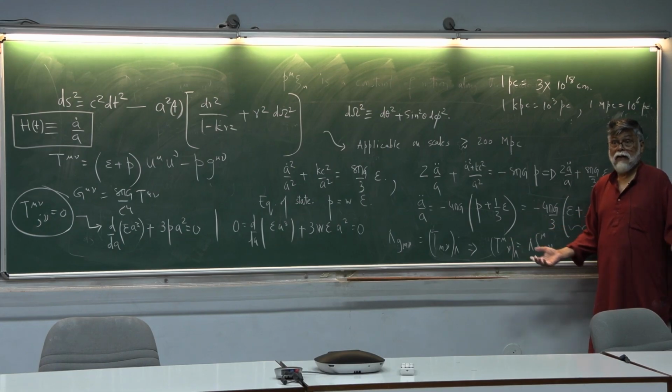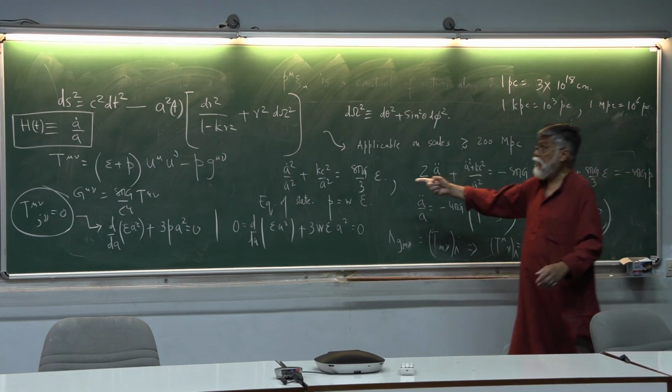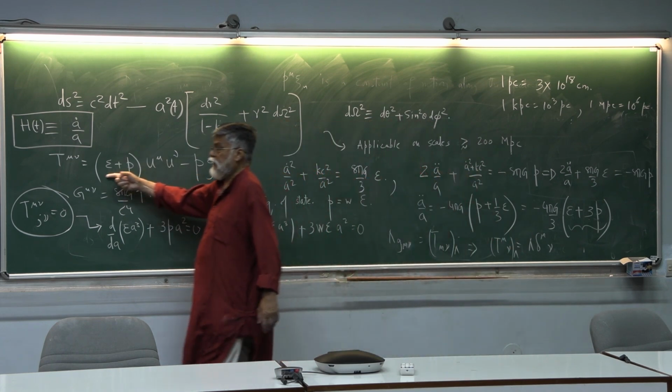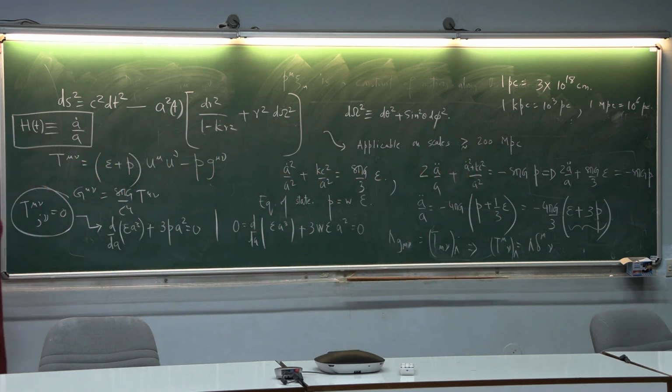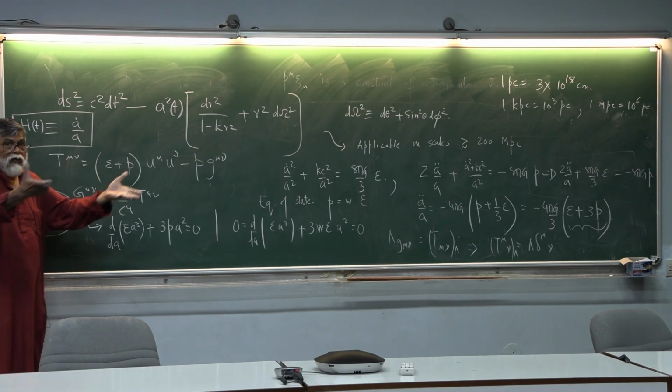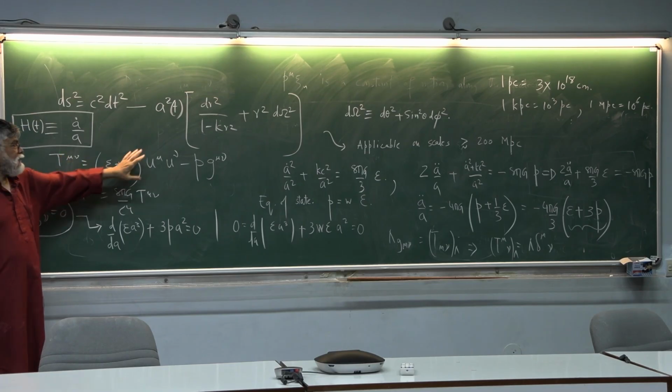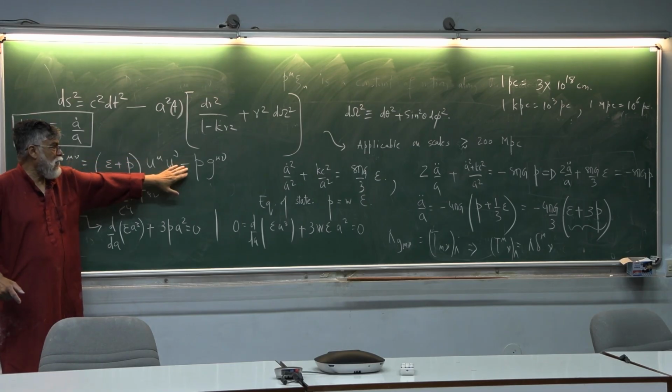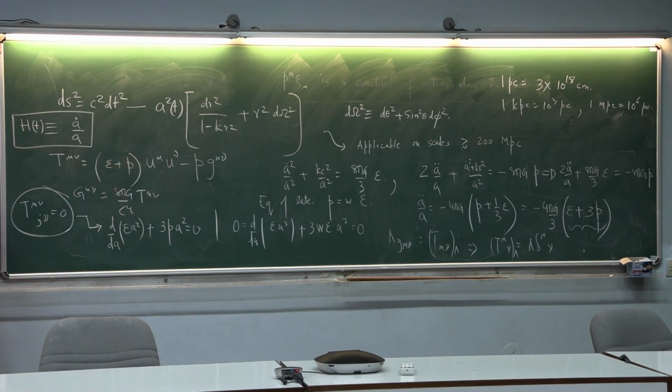Tii is lambda. But you know from the perfect fluid, you can easily prove, Tii corresponds to minus pressure. That's obvious from this equation, because in a comoving frame, this is 0, it's minus P gii.